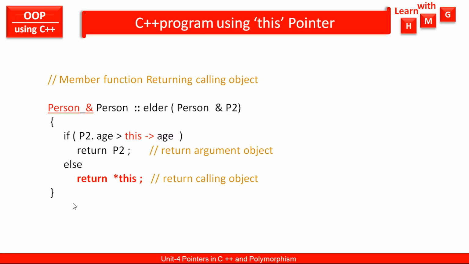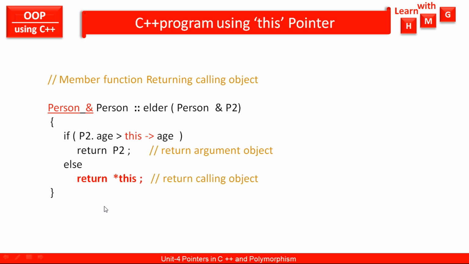So like this you can write a member function which returns the calling object, because the name of the calling object is not present here and it is represented by the special pointer named this pointer, and you can make use of this pointer in the return statement, return star this.